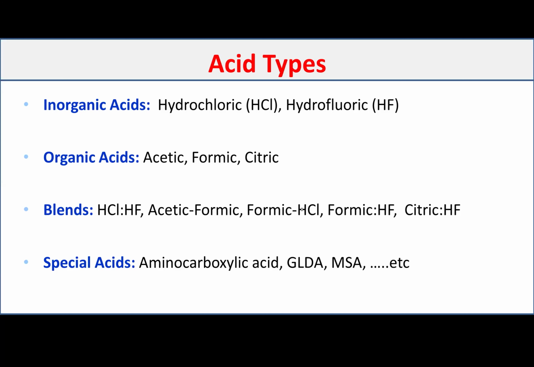But if you have a certain condition from temperature, clay sensitivity, formation sensitivity, or reservoir fluid sensitivity, that's when we use these special acids. But I would say 95% of our typical acid jobs are done by HCl, HF, or some sort of acetic-formic-citric type of blend.